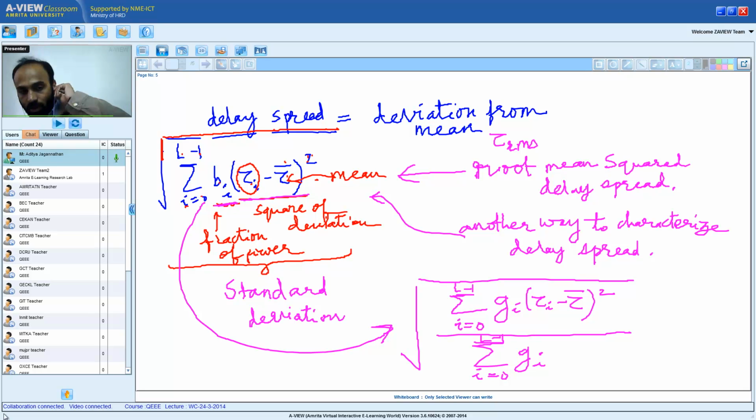If you have any questions, please let me know at this point. Is it clear to everyone how we are calculating the root mean square delay spread?